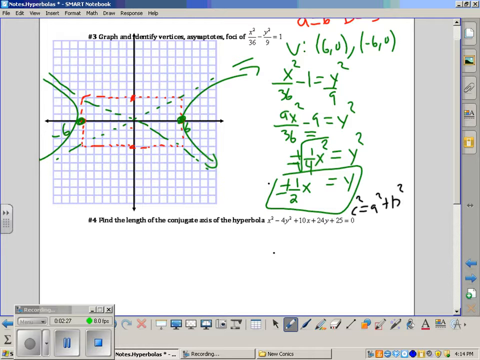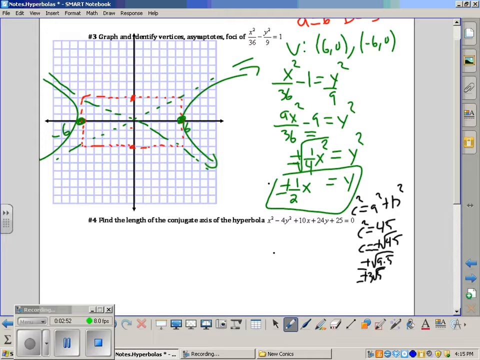We already know 36 and 9 is 45. So plus or minus square root of 45, which is 9 times 5. So that's plus or minus 3 root 5.